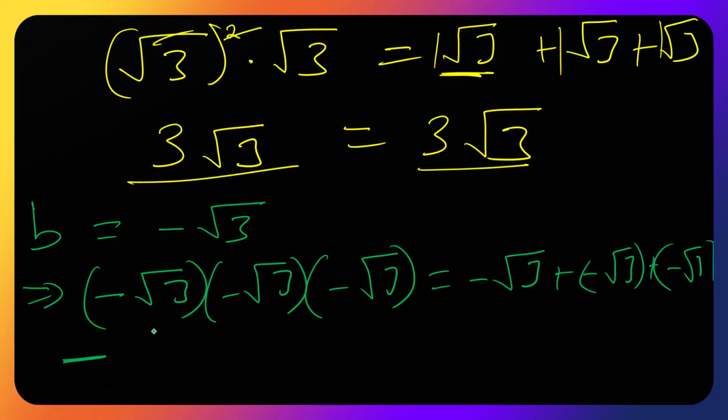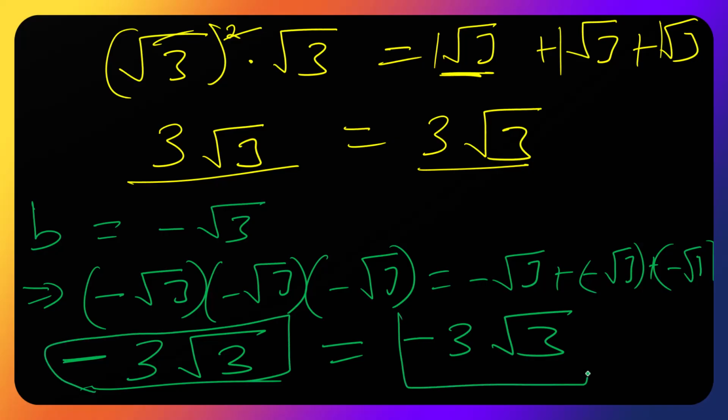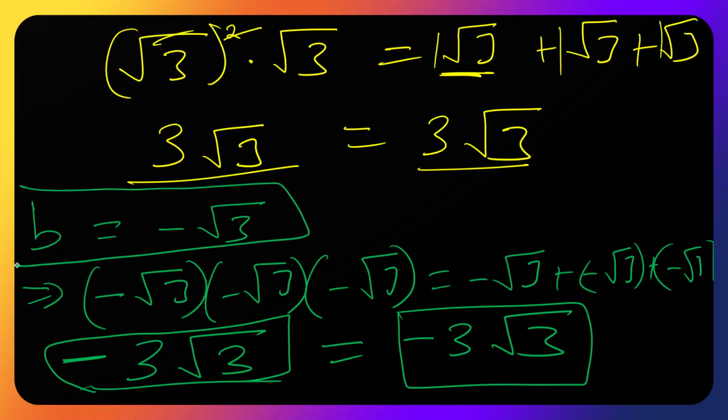So this side will still give us 3 with 3. What can we say about the coefficients? We have negative 1, negative 1, negative 1, and we are adding, so that will be negative 3 with 3. Since this one is the same as this, we can conclude that the solution b equals negative root 3 is also correct.